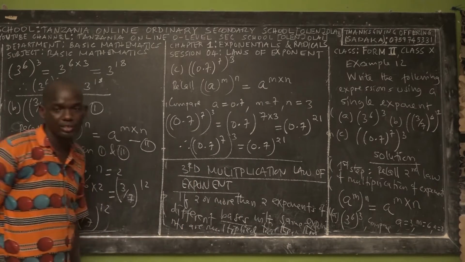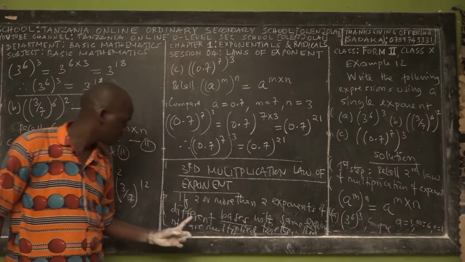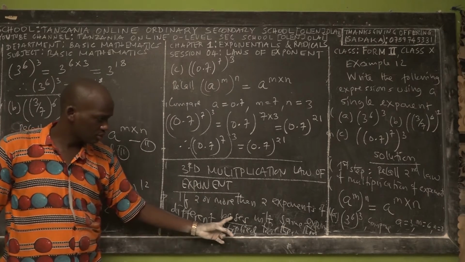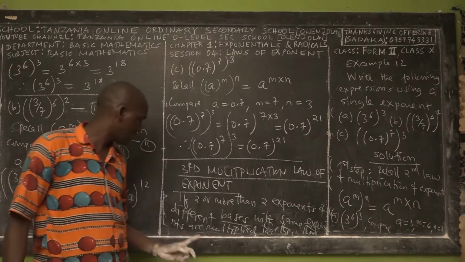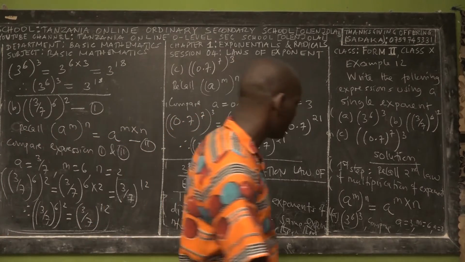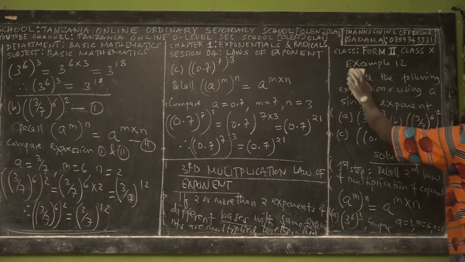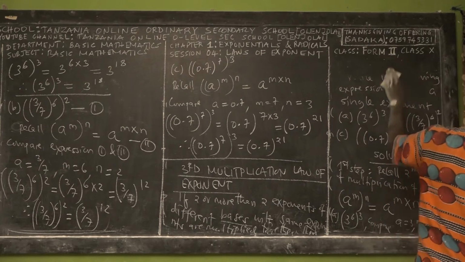Let me read what I've written: if 2 or more than 2 exponents of different bases with the same exponents are multiplied together. That's only for you to read; I was just reading for you to see what I've written.